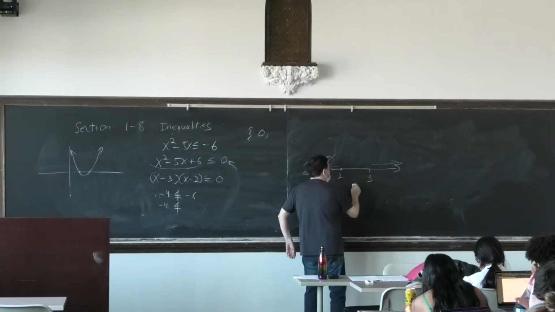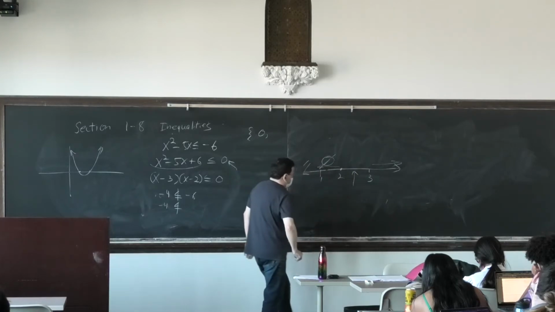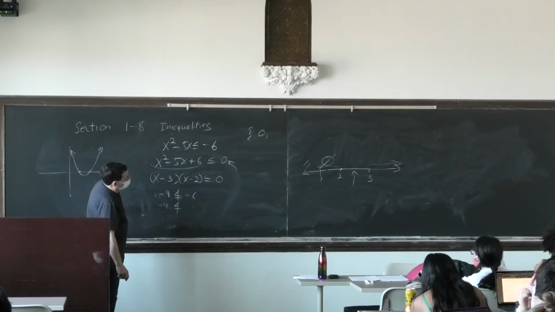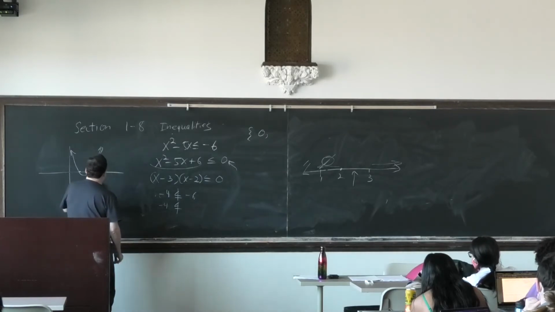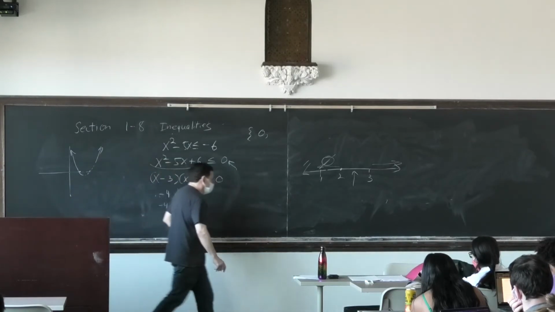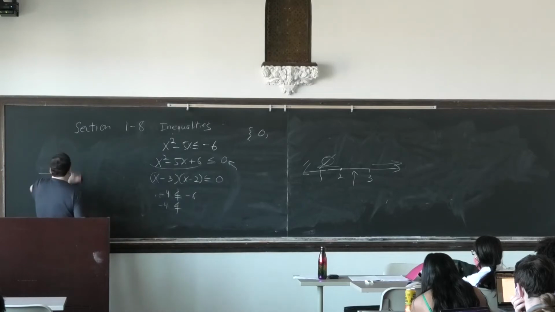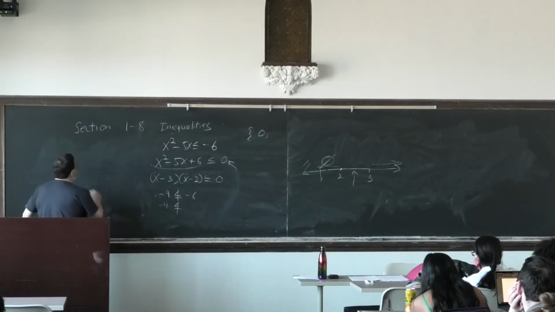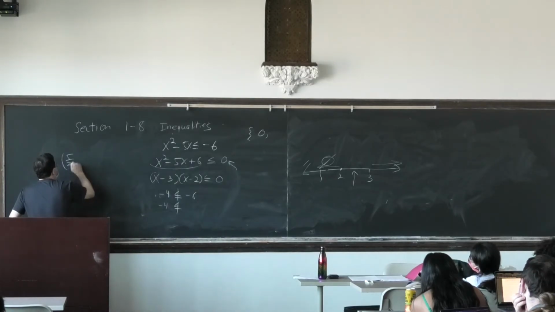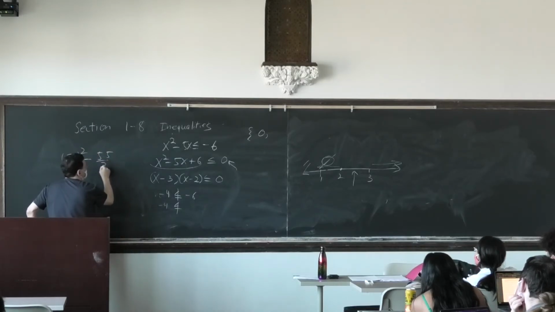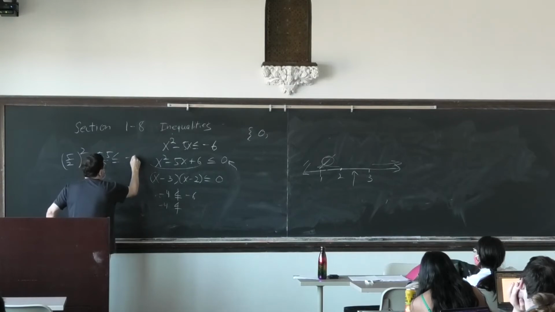So all I have left is something in between. Don't we hate using fractions? 2.5, that would be 5 halves. Let's see. When I'm trying to check, I hate using fractions. 5 halves squared minus 5 times 5 halves, less than or equal to minus 6.